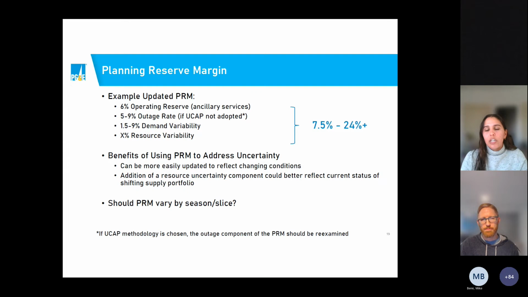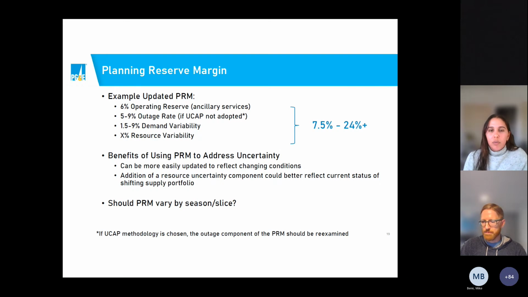So rather than changing the core framework and changing components that impact the regulatory and commercial frameworks, the PRM can be an easy lever to reflect changing conditions. We've seen the CPUC rely on the PRM to reflect the summer reliability and other issues.